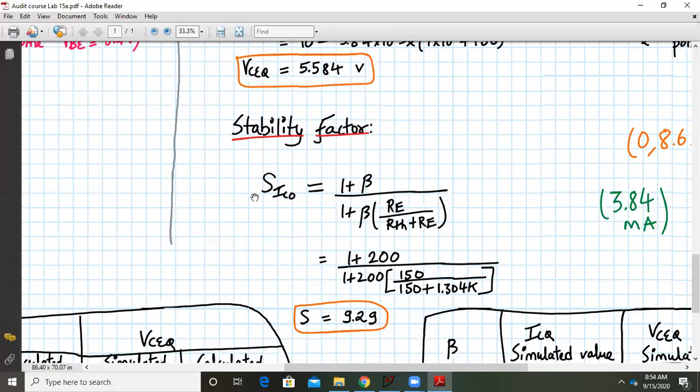So what is this, S of ICO? Basically, how does my collector current change with the leakage current? So the stability factor determines how stable my Q point is against variations in the leakage current ICO. So that's a very good point.